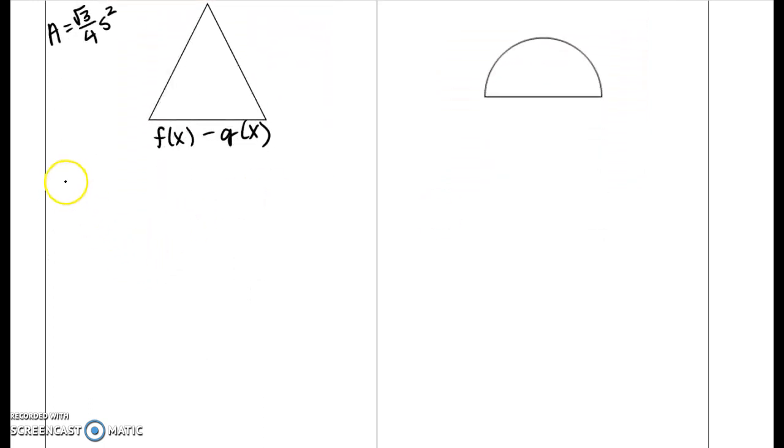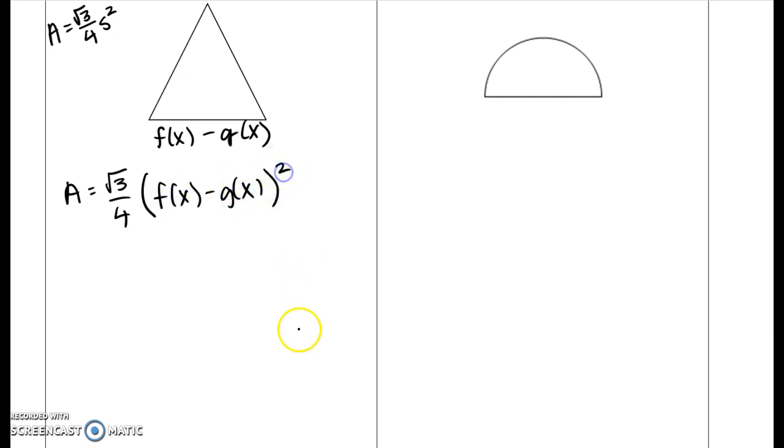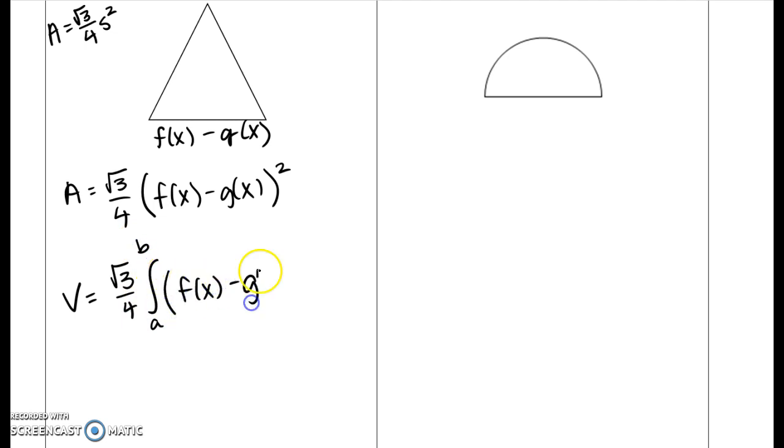So our area formula will be square root of 3 over 4 times our side, f of x minus g of x, the whole thing squared. And so then our volume, we just integrate that same formula. Square root of 3 over 4, the integral from a to b of f of x minus g of x, quantity squared dx. So you can see a lot of this is based on your memory of your geometric formulas.